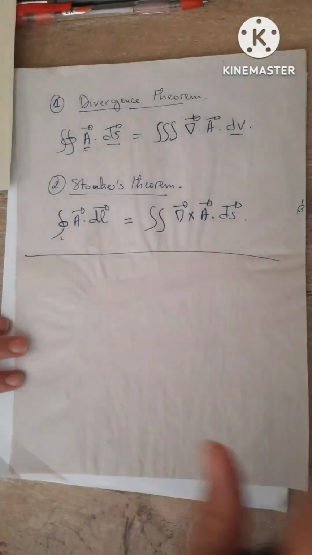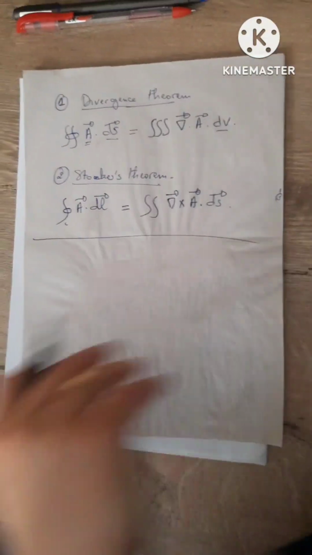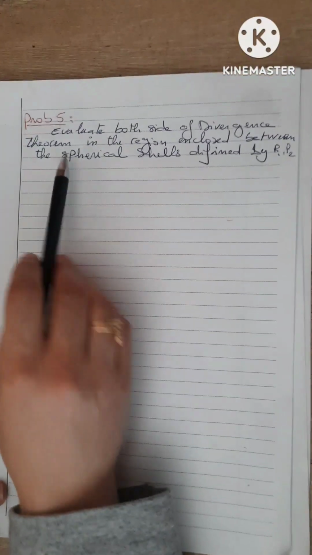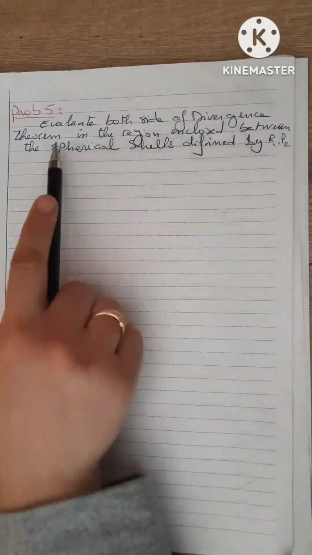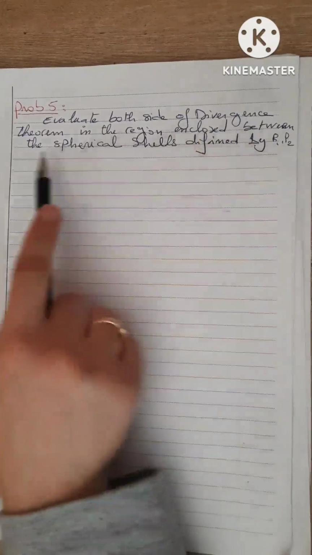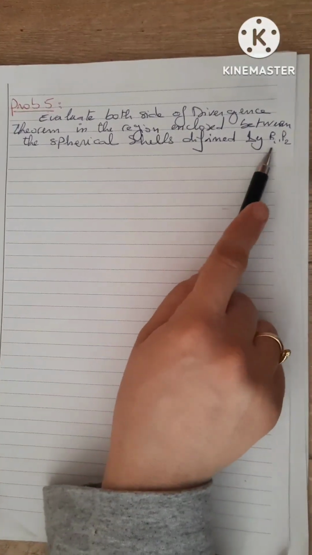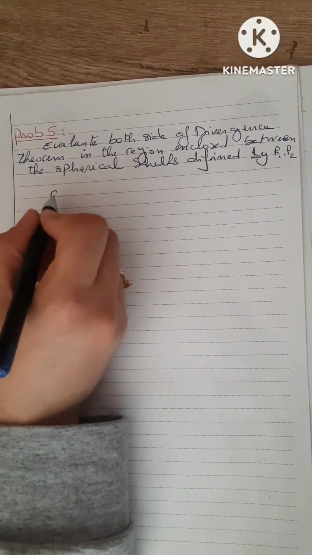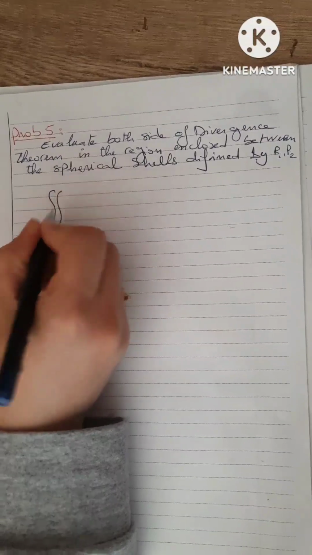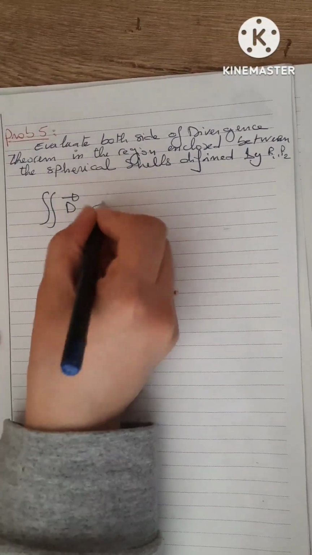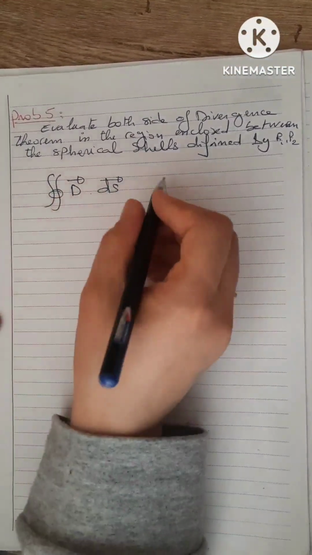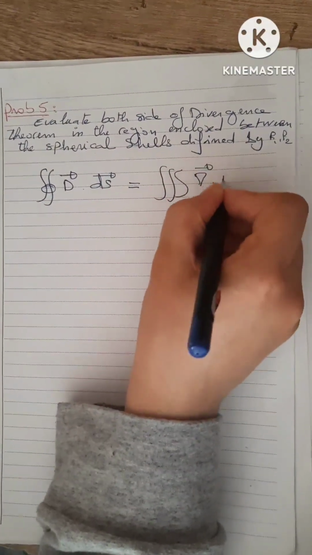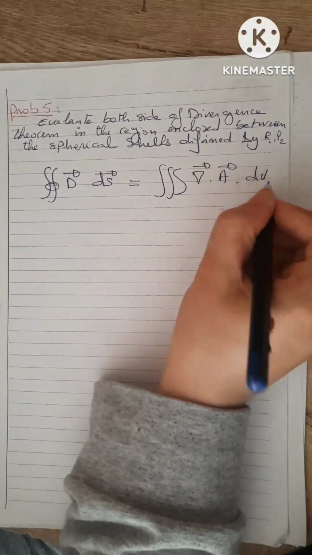So in the exercise, the problem says: evaluate both sides of the divergence theorem in the region enclosed between the spherical shells defined by R1 and R2. So we will use the divergence theorem, the integral of D dS over the surfaces equals the integral of the divergence of D dV.